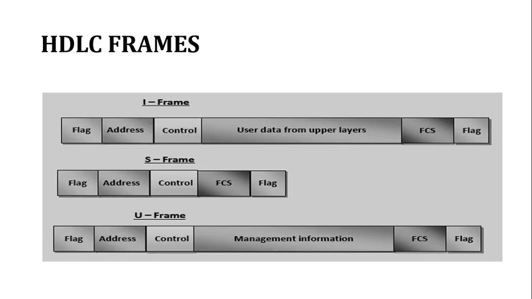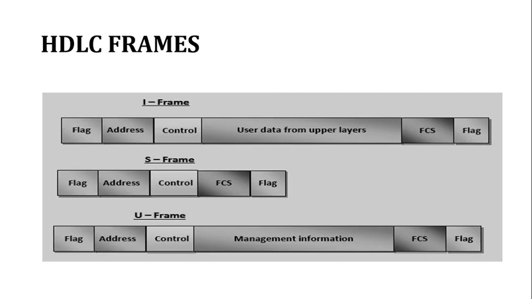This diagram shows each of the I frame, S frame, and U frame. The I frame contains the flag field, address field, control field, then user data from upper layers, then FCS, then the last flag field. So these are the fields for the I frame.